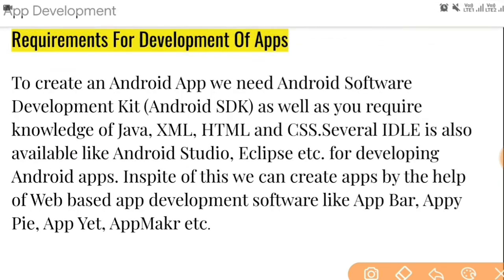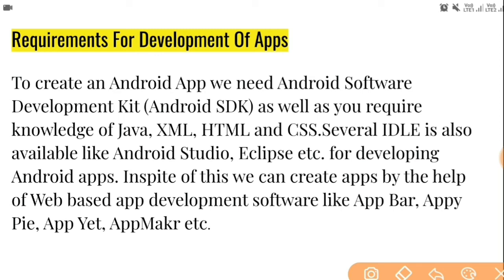Now moving ahead, we have just downloaded those apps, but have you wondered how those apps have been created? If you want to create apps, there are some requirements for developing them.